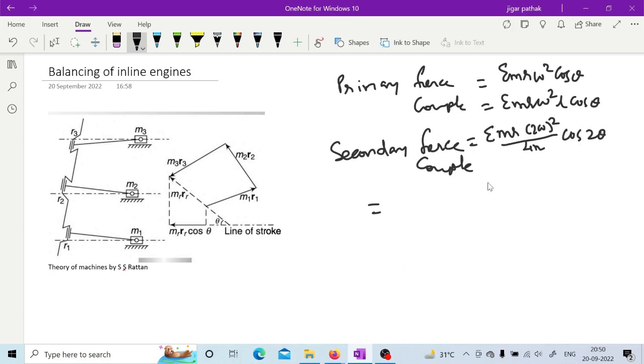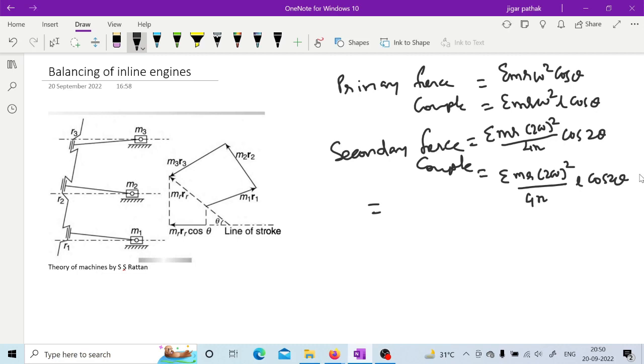For the couple, L is simply multiplied: 2 omega square by 4n, L cos 2 theta. So for inline engines the primary force polygon, primary couple polygon, secondary force polygon and secondary couple polygon must all be closed. Only then can you say they are balanced.